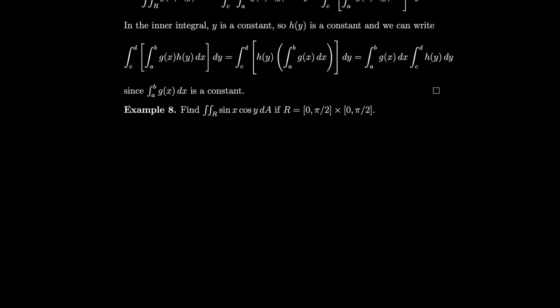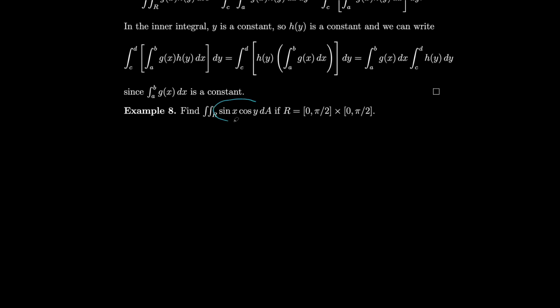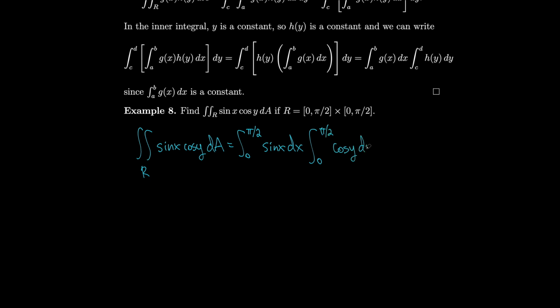As an example, how about we take advantage of that and the fact that this function is already written separately. Sine of x and cosine y are two separate functions multiplied together. So we can say that the double integral over R of sine of x cosine of y dA is equal to the integral from 0 to pi over 2 of sine of x dx times the integral from 0 to pi over 2 of cosine y dy.